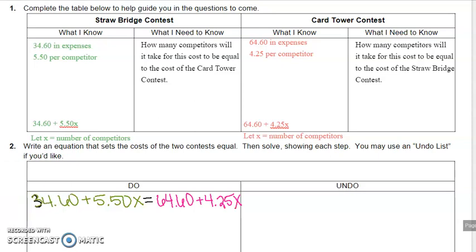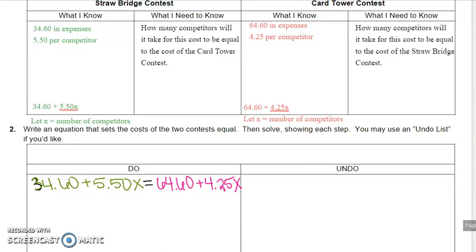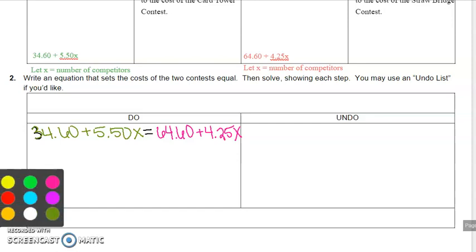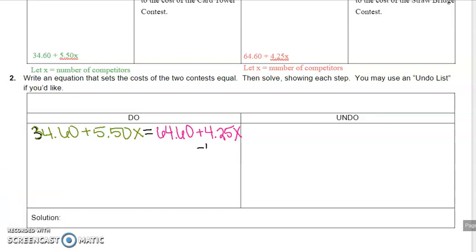And that is our given. That's what we start with. So if we want to get our x's together, we want to get our variables together, so to speak, the first thing we would need to do is subtract 4.25x from each side.